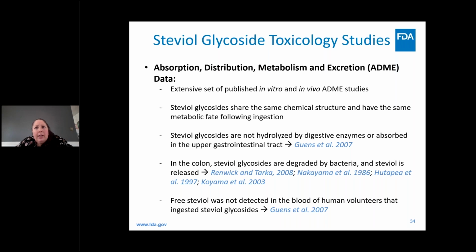And this results in the release of Steviol. Steviol is quickly absorbed and conjugated to a metabolite, Steviol glucuronide, in the liver. And in humans, Steviol glucuronide is ultimately excreted in the urine, and any Steviol that is unabsorbed is excreted in the feces.